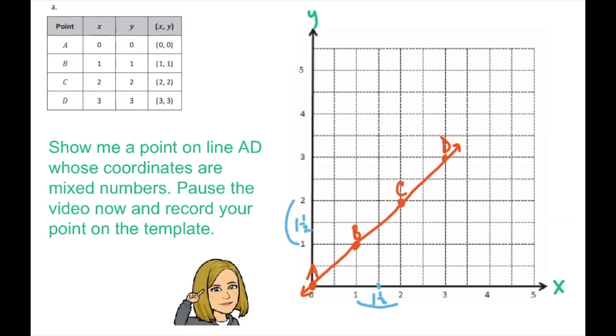So that would be an example of a coordinate pair with mixed numbers. Notice that that coordinate pair is also on line AD. The reason that it's on line AD is because if I record my coordinate pairs, as I did here, notice that the rule still applies. X is equal to Y.